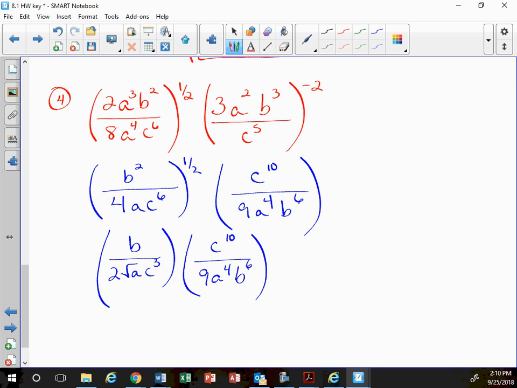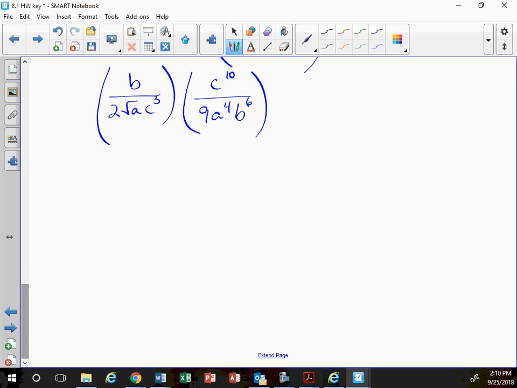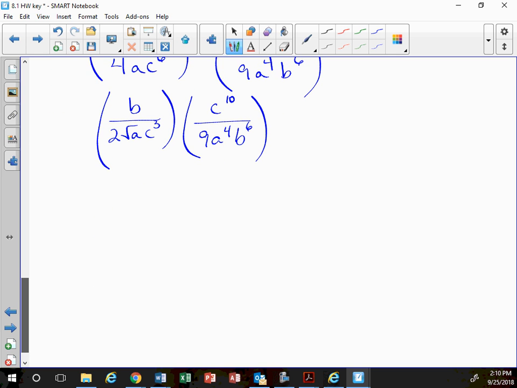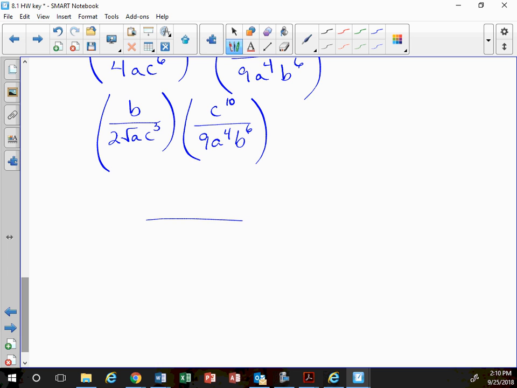Nice. So when you simplify this, I know I have an 18 in my denominator. What do I have in the numerator? C to the 7th. Then it's kind of weird. I've got a to the 4th, b to the 5th, square root of a.